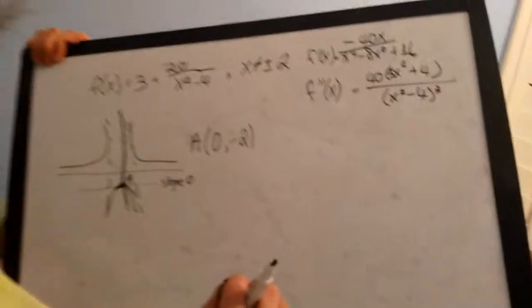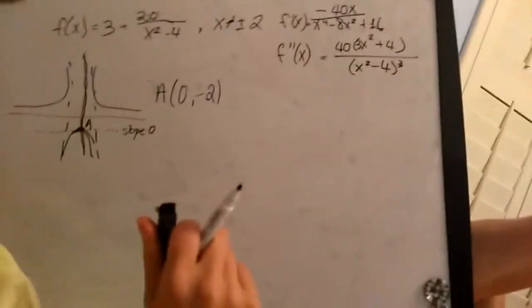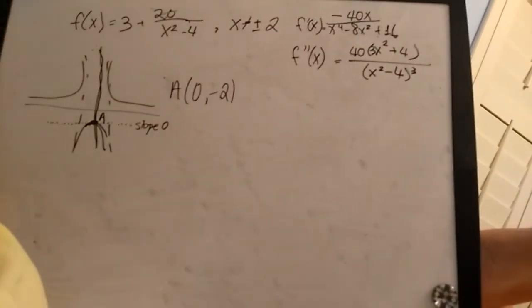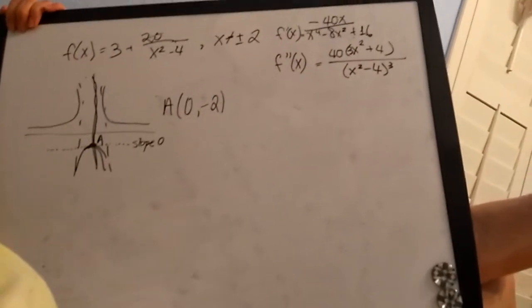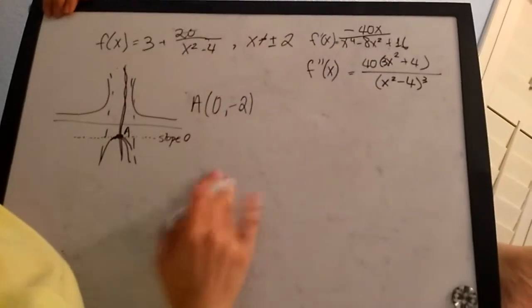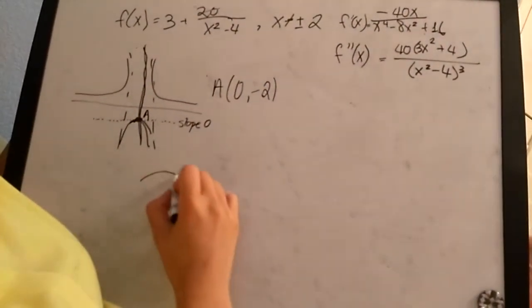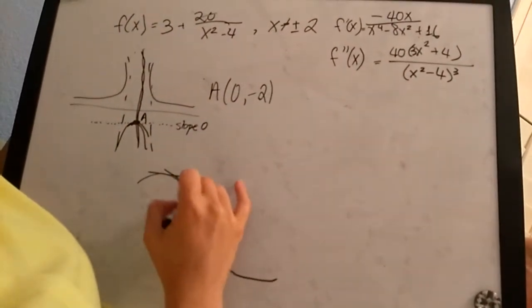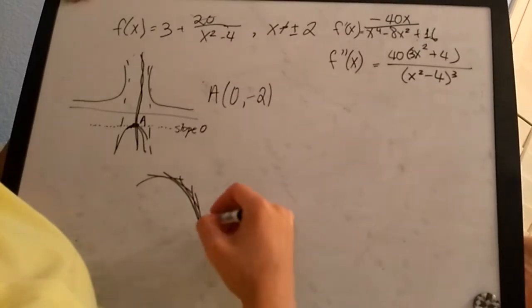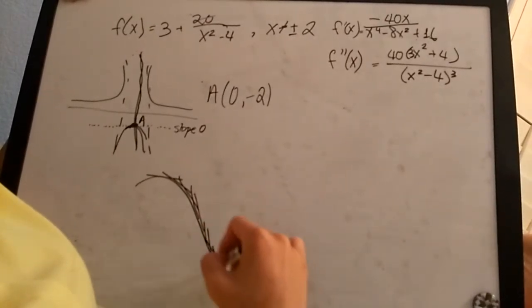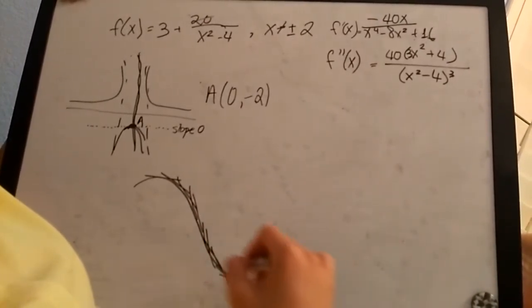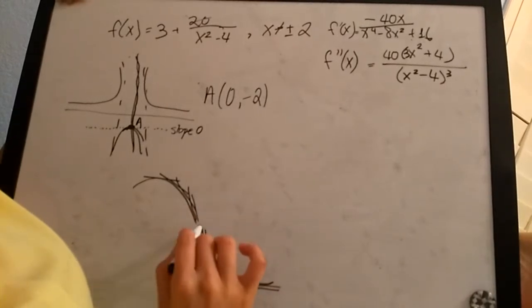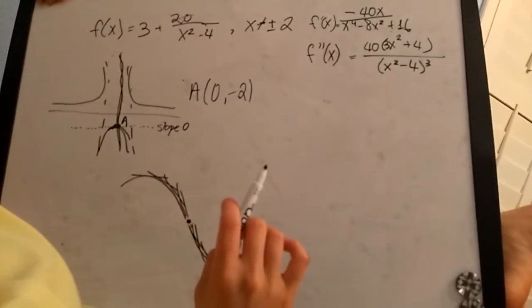Now, part 2 of B: explain why the graph of f does not have a point of inflection. So at points of inflection, let's say for this curve, for an example, the slope here continues to decrease, right? But at the point of inflection, the slope neither decreases nor increases.